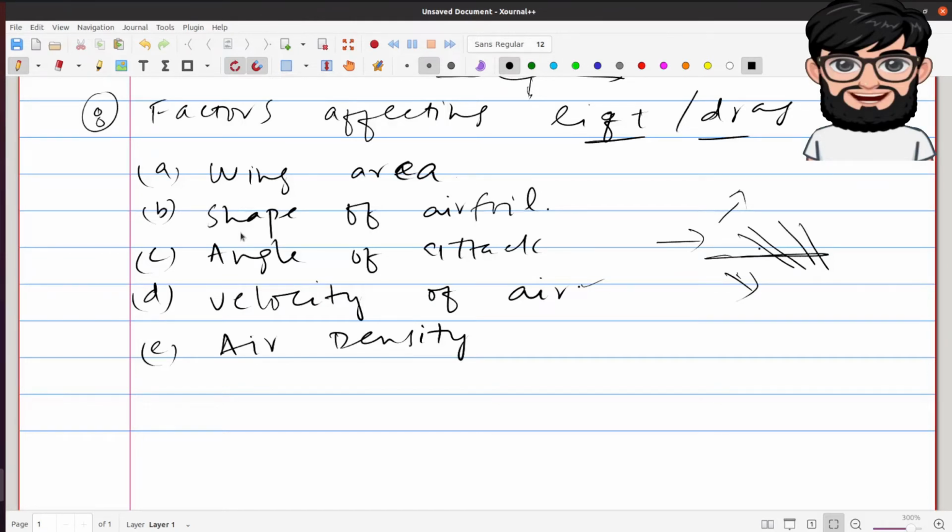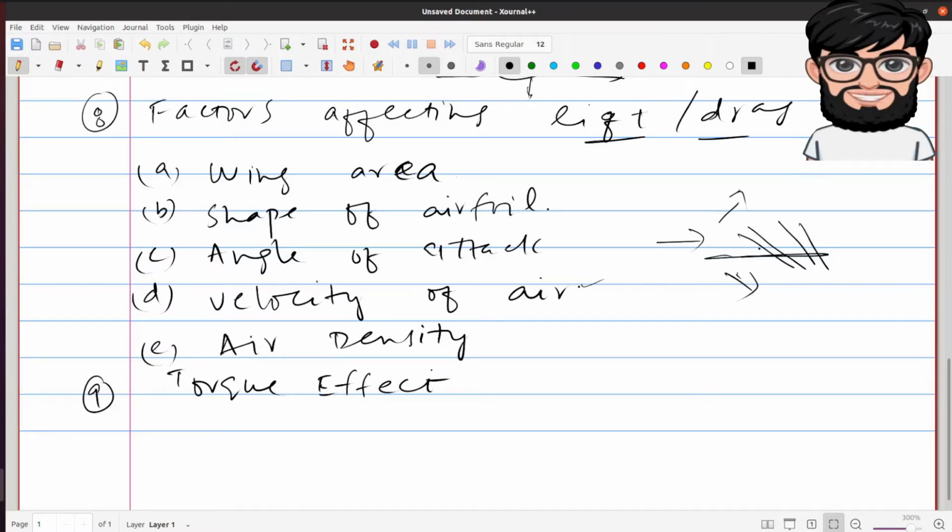Okay, what is the torque effect? So the torque effect involves Newton's third law of physics: for every action there is an equal and opposite reaction.